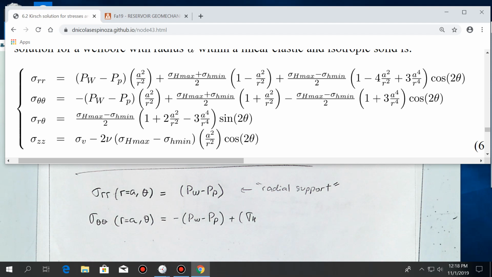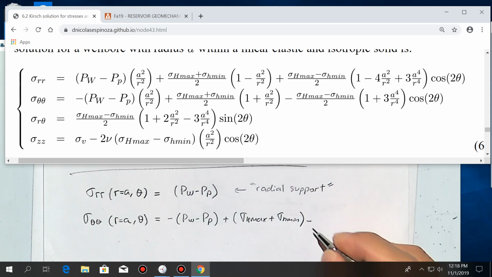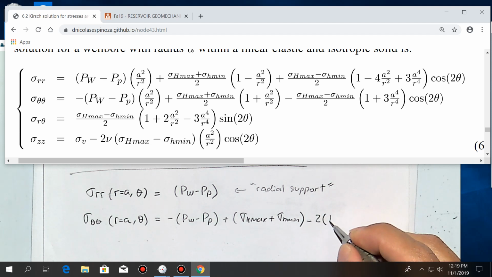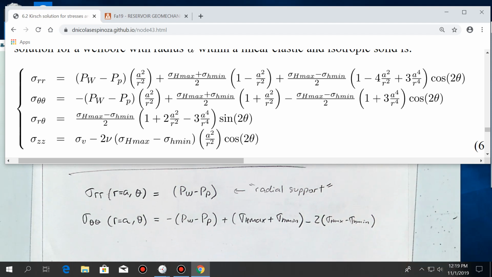So the term I'm pointing at right now is equal to 2. 2 divided by 2 is 1. So this is just sigma H max plus sigma H min. And the last term, notice that this term is going to be 3. So 3 plus 1 is going to be 4. 4 divided by 2 is just going to be 2 times sigma H max minus sigma H min times cosine of 2 theta.